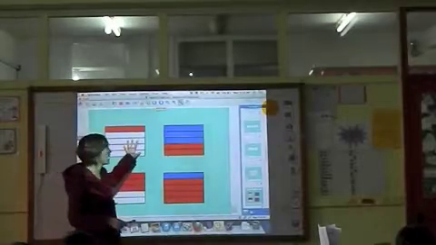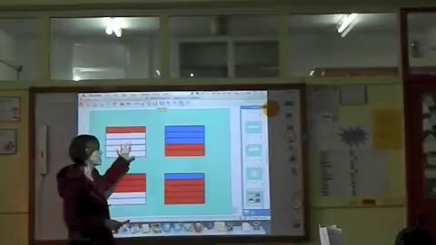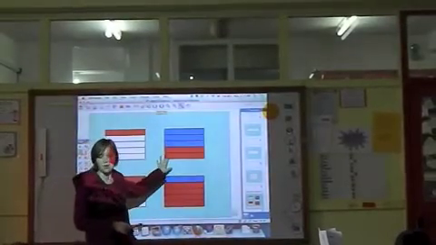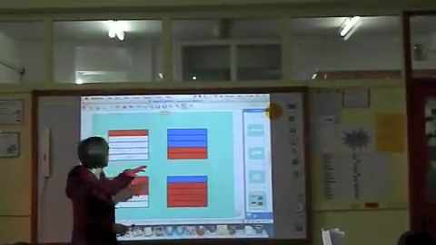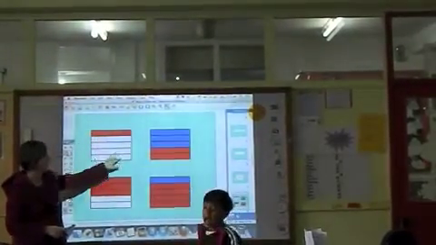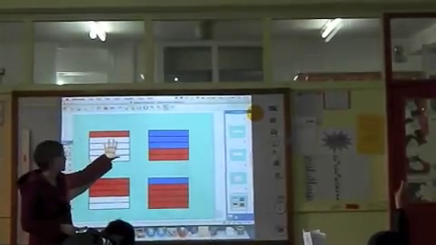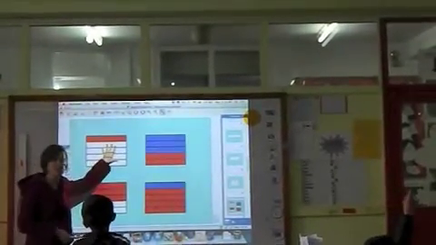Now I'm going to show you guys some fractions, and then you're going to tell me what portion is shaded according to what I'm asking you. Okay, this first one, what portion of this rectangle is shaded red? Raise your hand if you think you know. What portion?